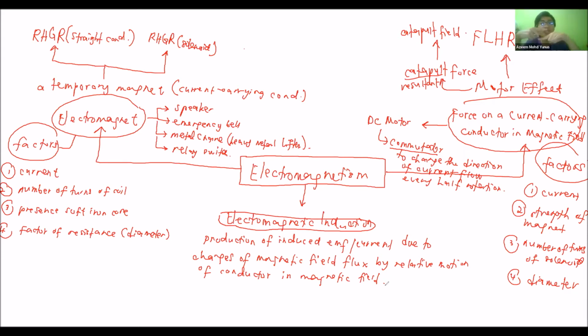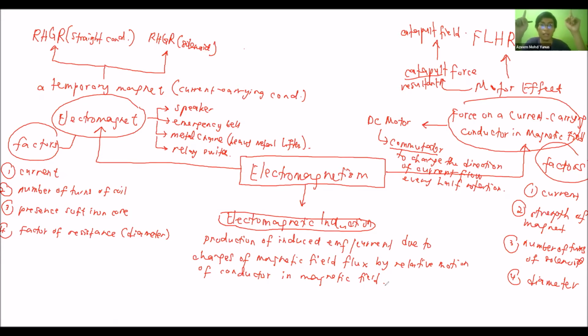When there are changes in the magnetic field flux due to relative motion between conductor and the magnet itself, then there exists current, induced current what we call, inside the conductor. So it's kind of a reverse process between the electromagnet that we learned before and electromagnetic induction.